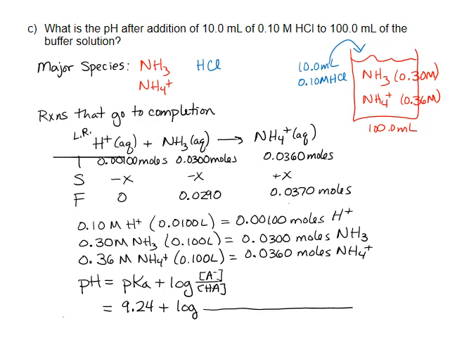Our new concentration of ammonia, of course, is 0.029 moles of ammonia divided by the new volume, 0.11 liters. And our concentration of ammonium is 0.037 moles divided by the new volume. And plugging that all in, we get a value of 9.13.